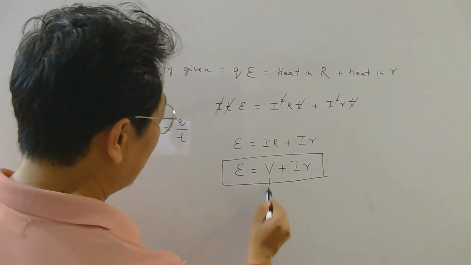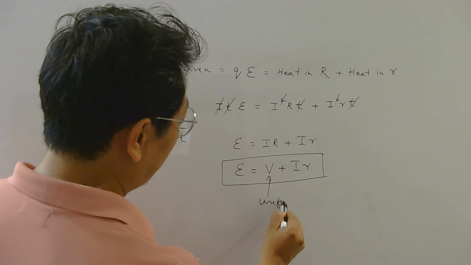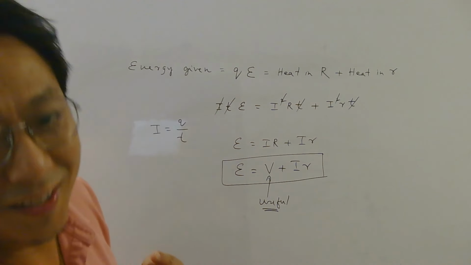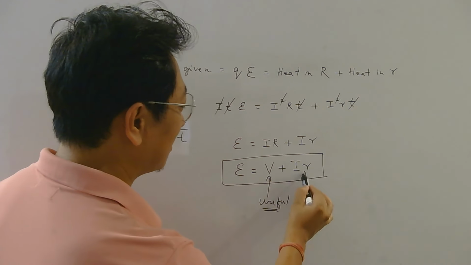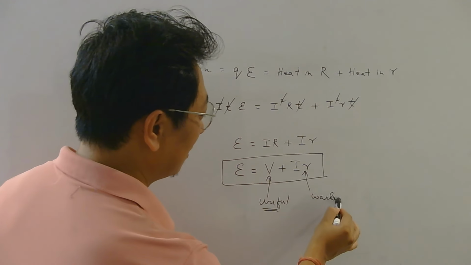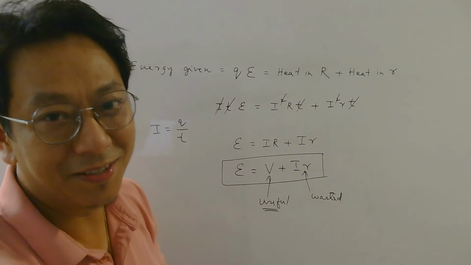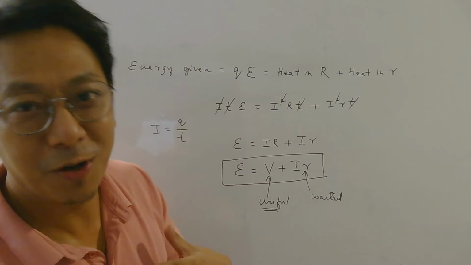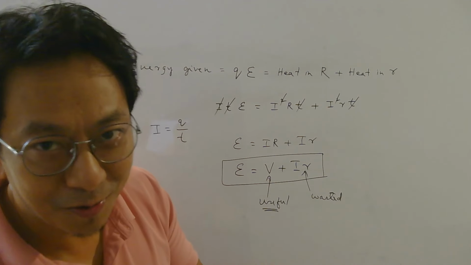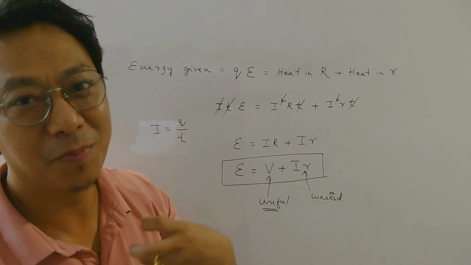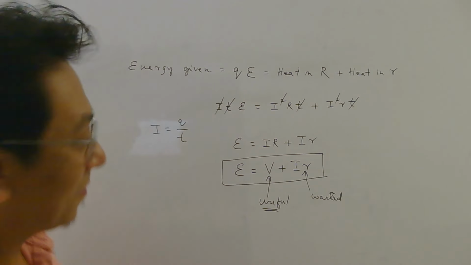Remember, this is the useful work per coulomb that we need, because the rest is wasted as heat in the cell itself, whereas this heat can be used for our purpose, right? It could be in an electric cooker, a heater, an electric bulb or whatever.